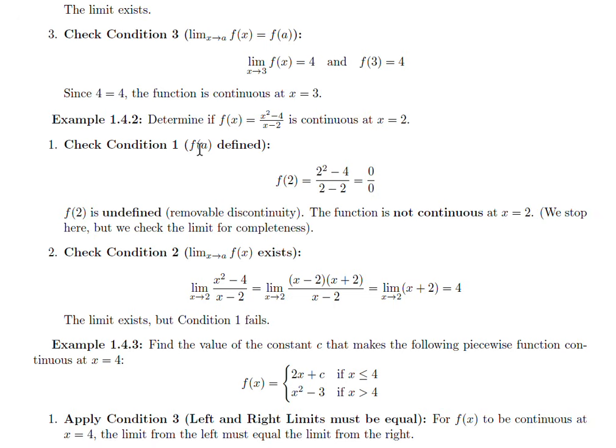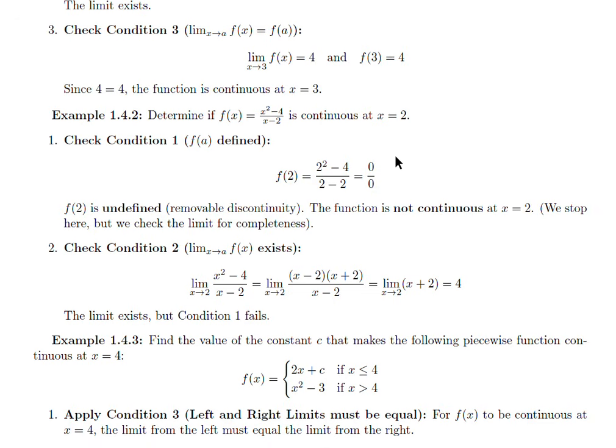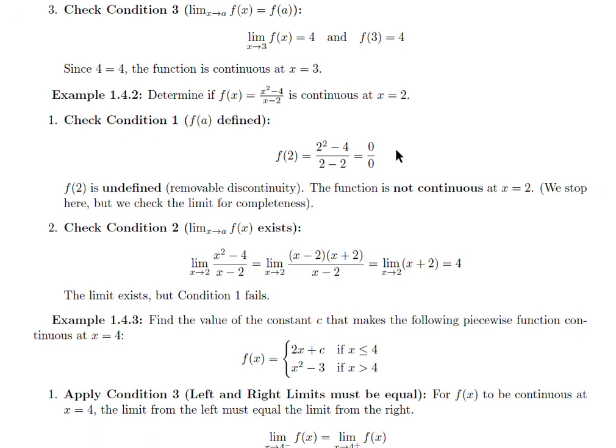So for f of a, you can see substituting a directly into this function is undefined. So we don't need to go further. Once any of the conditions are not met, then the function is not continuous. So this function is not continuous at this point, x equal to 2, right?